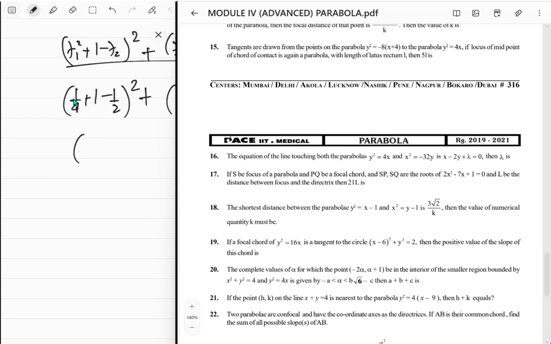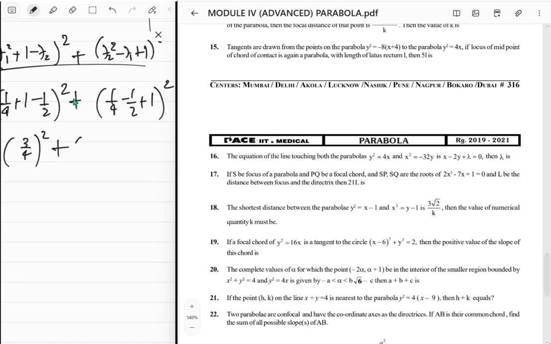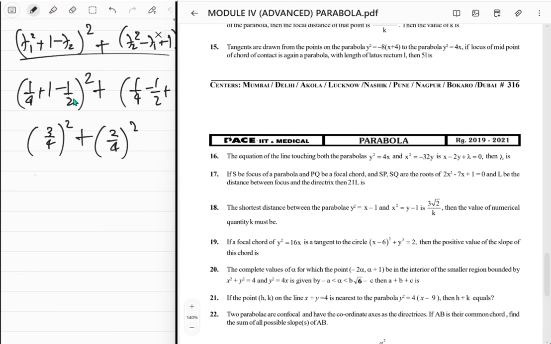Basically 1 upon 2 plus 1 upon 4, which is 3 upon 4, squared, plus 1 upon 2, 3 upon 4 squared. The square root of that is 3/4 square root of 2. So k must be 4.